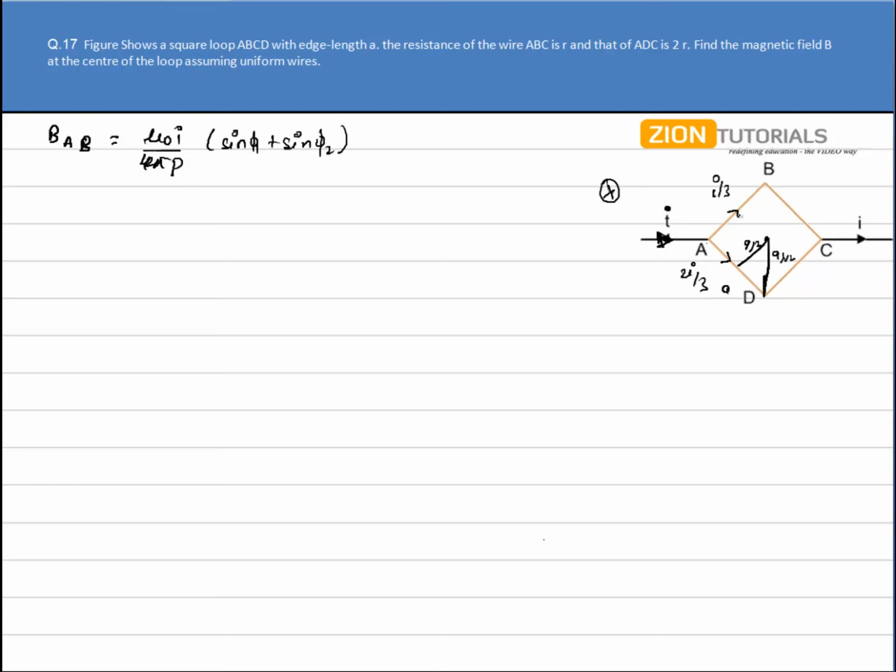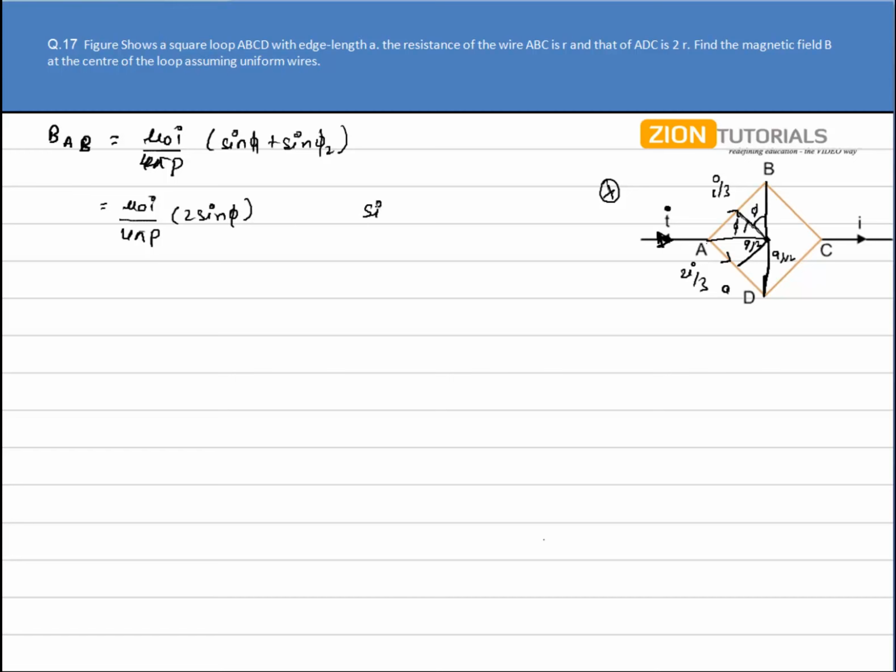Dropping the perpendicular, this distance is a by 2, and these two distances are a by root 2. Phi will be the same, so I have mu naught I by 4 pi P times 2 sin phi.